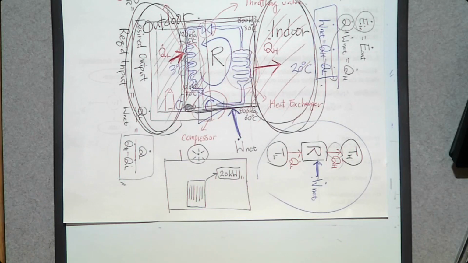So what does it mean? If you consume 20 kilowatt of electricity by this heater, how much heat can you dump into the house? You spend 20 kilowatt of electricity and then you produce 30 kilowatt of heat? No, that doesn't make sense. Energy cannot be created or destroyed.